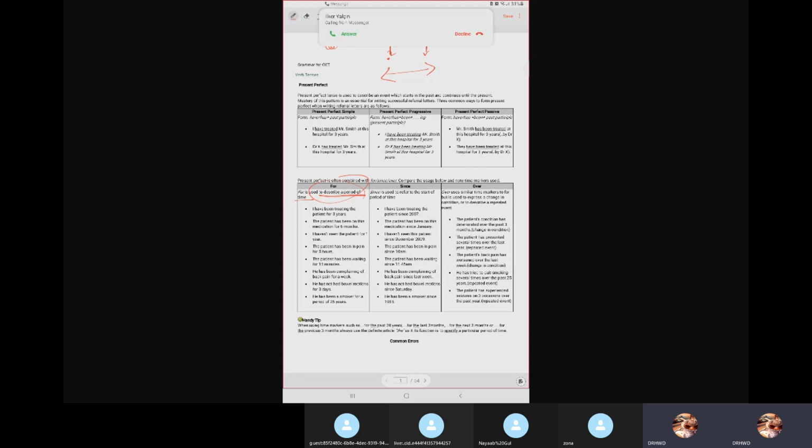So since is for the beginning, from the start of time, and for is for a specified period of time. Over is used when you are trying to describe something that happened after a specified period of time, or when you have seen something that repeated over a specified period of time.